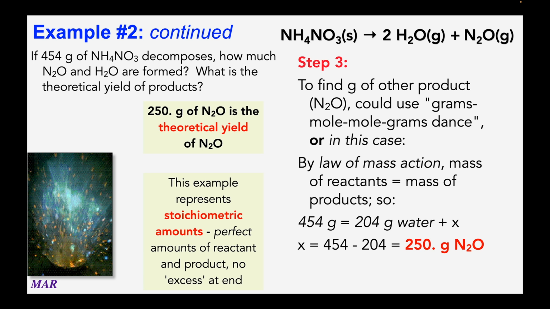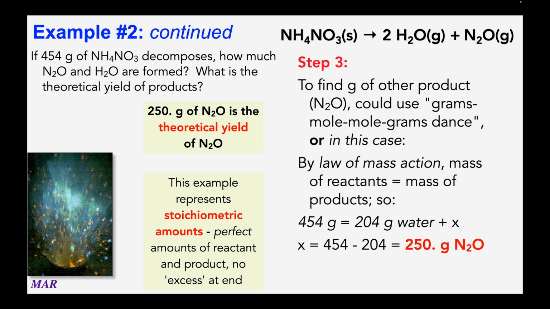In this problem, the reason I'm hedging my answers and why I say I usually go grams, moles, grams, is that we're using what's called stoichiometric amounts, perfect amounts of reactant and product. There's no excess left over at the end, and it honestly is a rare occasion in chemistry, and I'll show you examples of this coming up.